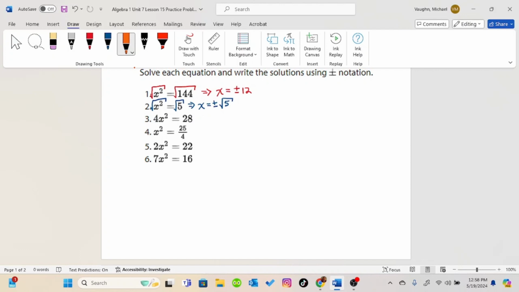In number 3, we would divide both sides by 4. So this would become x squared equals 7. Then we would take the square root of both sides, and this would become x equals plus or minus the square root of 7.